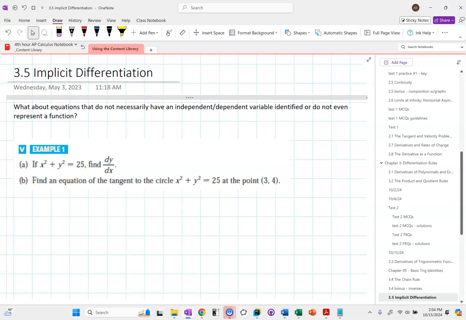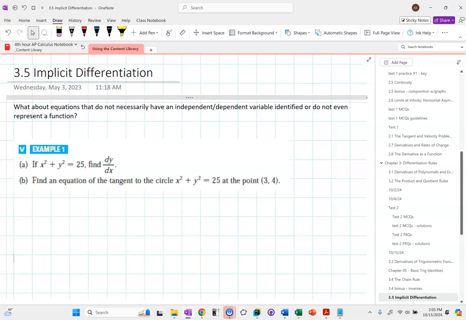Right? So explicit is where it's written as one variable by itself. So everything is in terms of an independent-dependent variable relationship. An implicit equation is one where there's no independent-dependent variable implied by the way you've written it. So a canonical example of that is the equation for a circle, x squared plus y squared is equal to 1, or r squared. Is everybody okay?